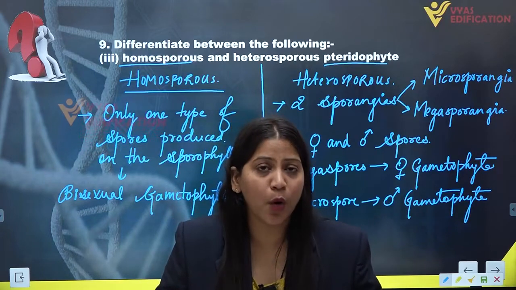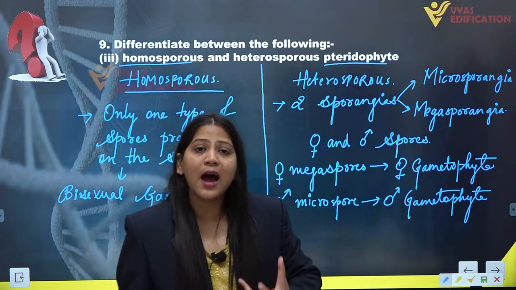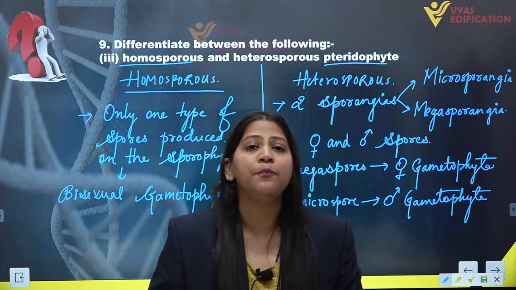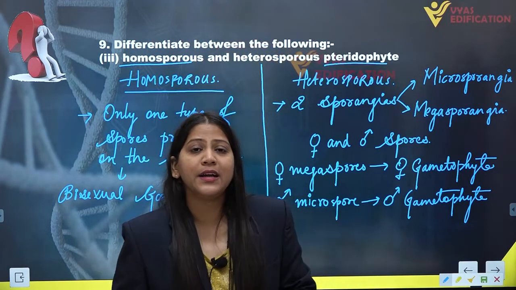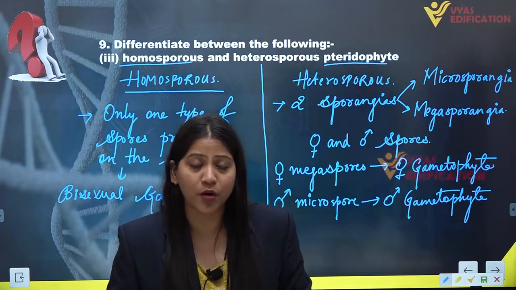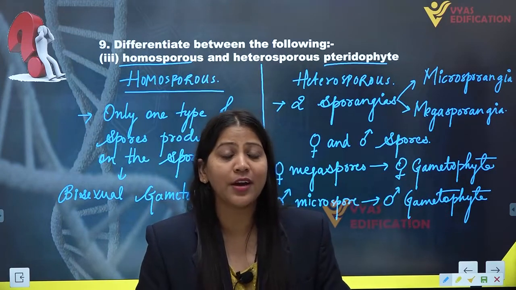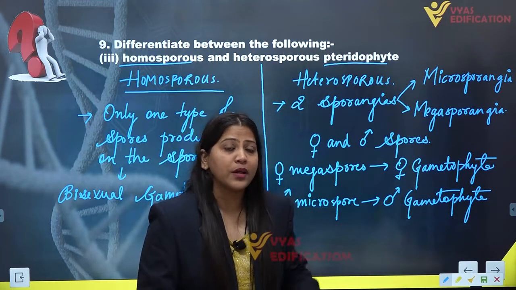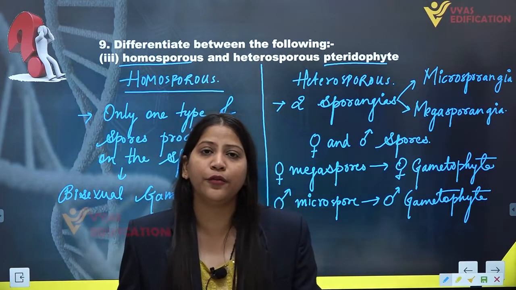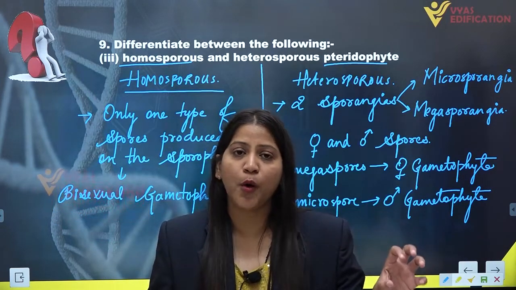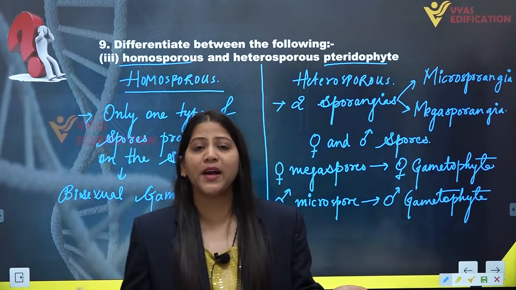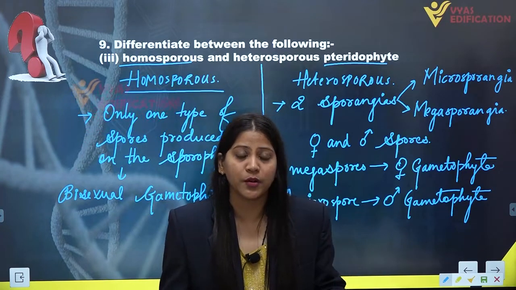Microspores are male spores, and the large sporangia, which are present at the base or lower surface of the sporophyll, contain sporogenous tissues which undergo meiotic division to form megaspores or macrospores, which are female spores. Now in heterosporous pteridophytes, two different types of spores are formed, microspores and megaspores. Microspores are male spores, megaspores are female spores.